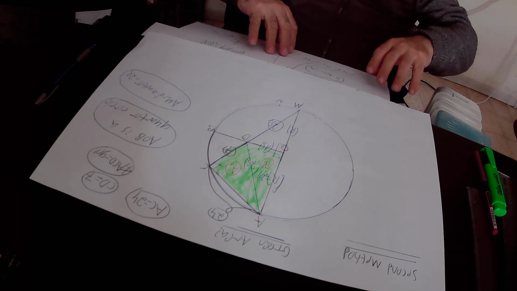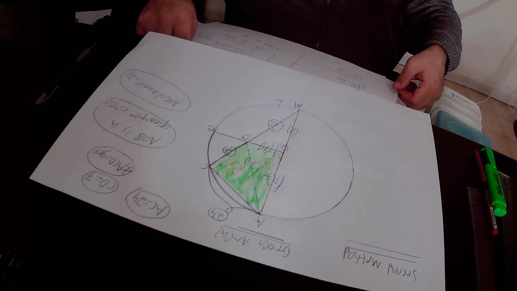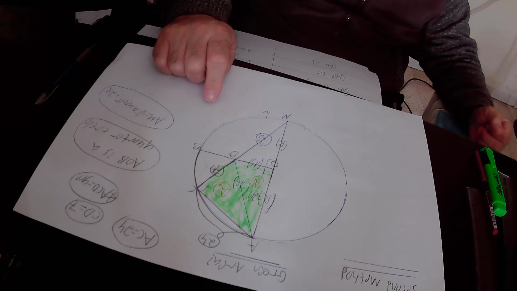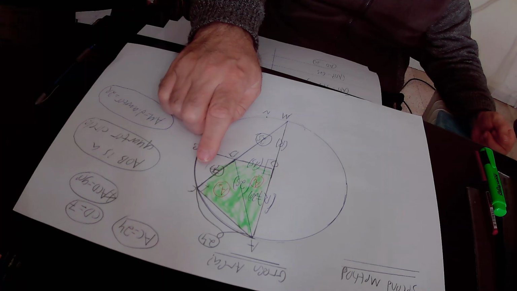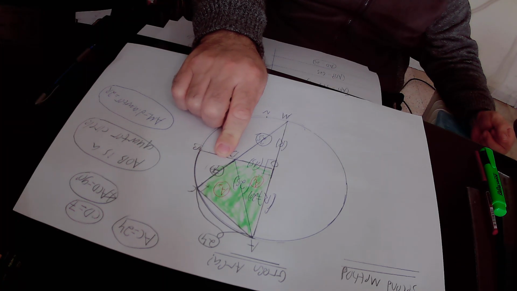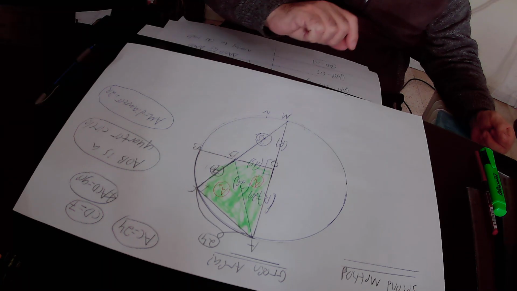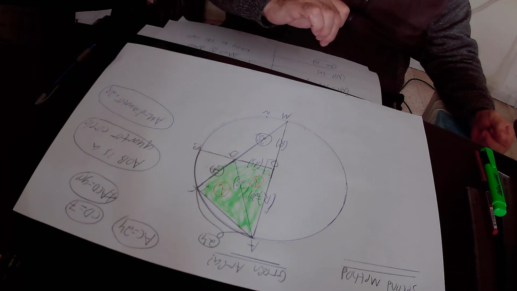Okay? Then we extended side CD by a straight line until it touches the circle. The question is where the extended side CD will touch the circle.